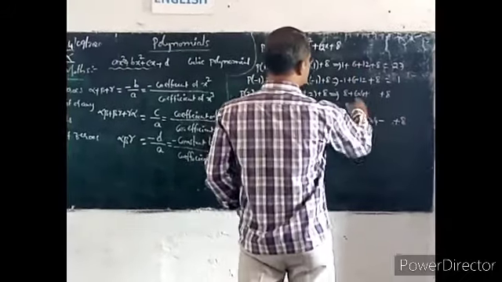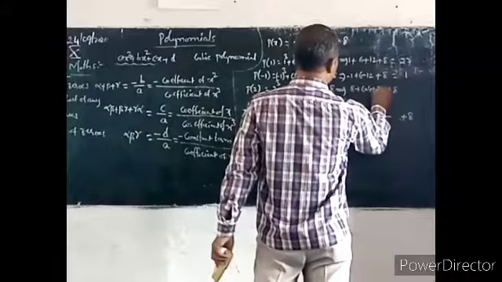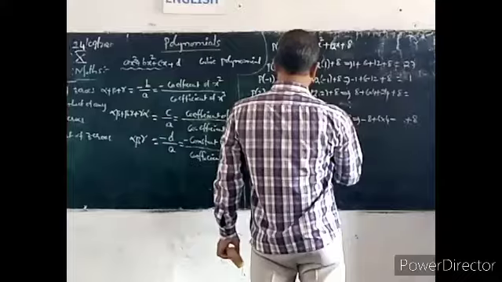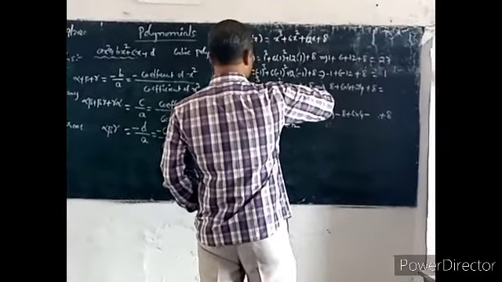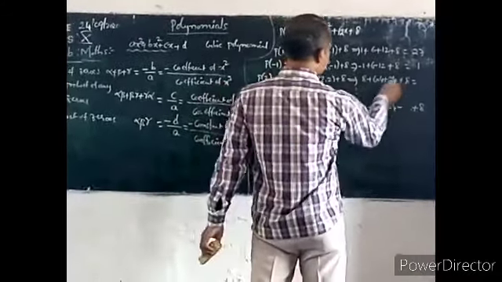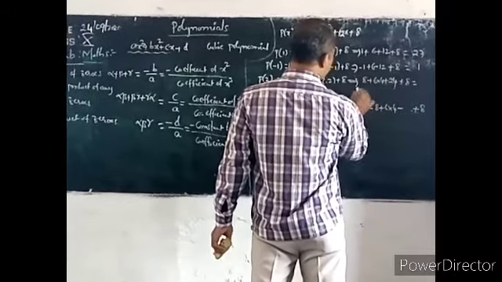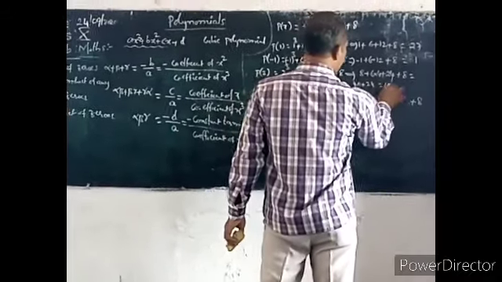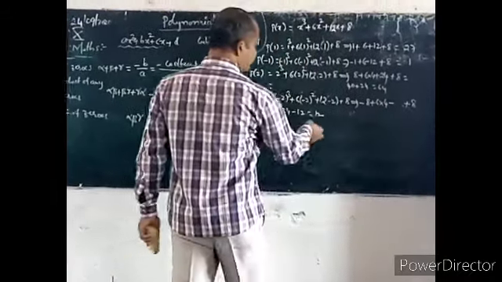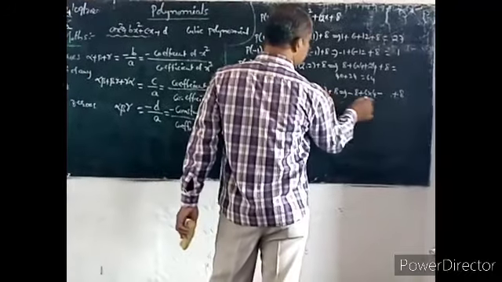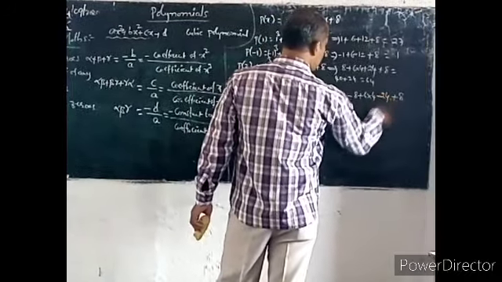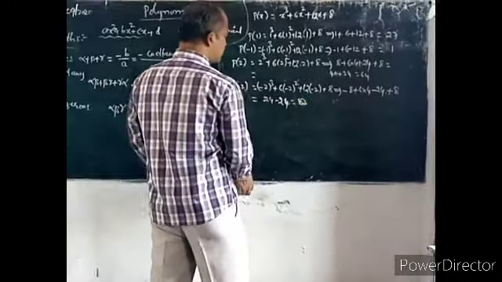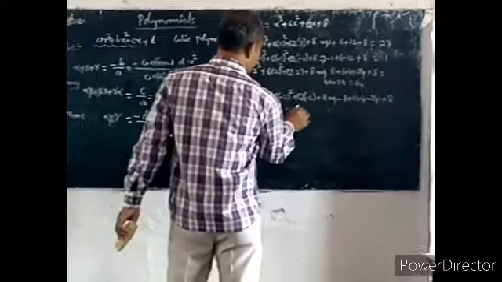Next, here 6 fours are 24. Now 8 plus 8 is 16, 16 plus 24 is 40. Now here 12 into minus 2 is minus 24. Here you are getting 0.